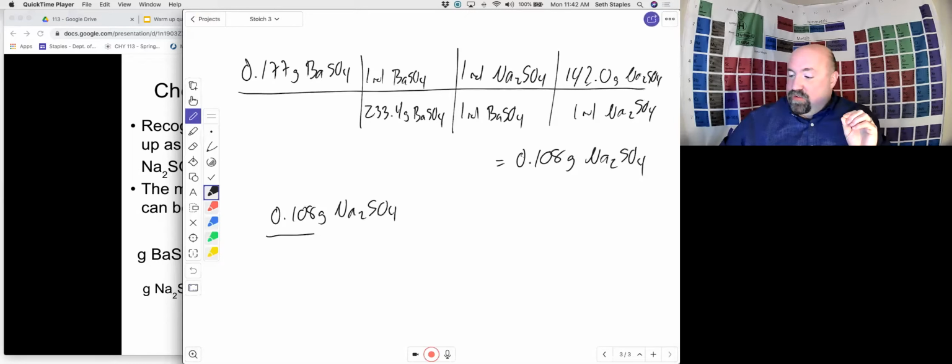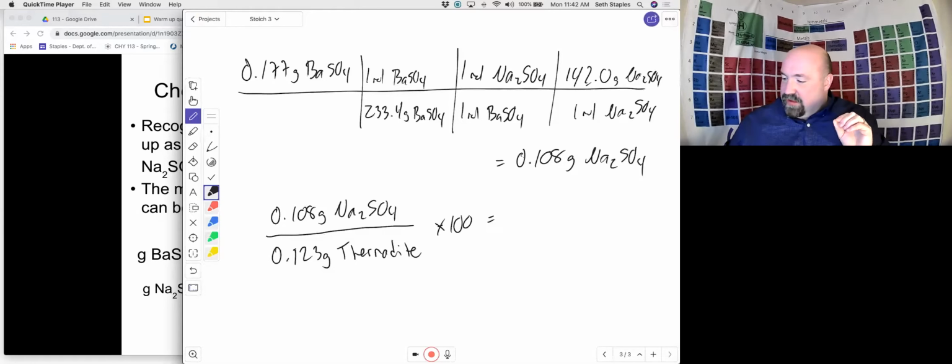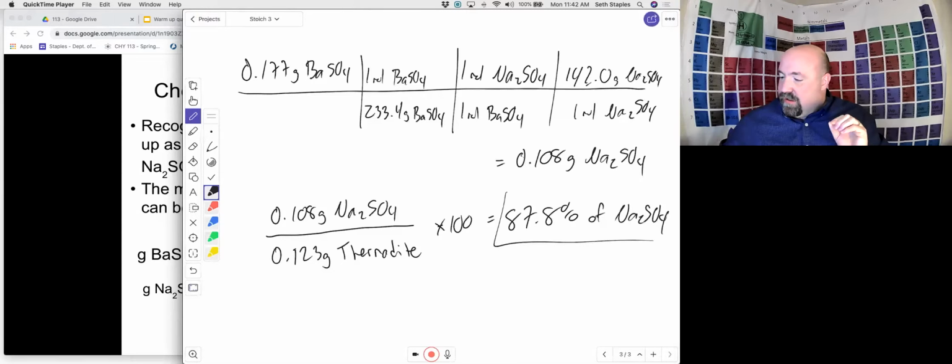So we take that 0.108 grams and divide it by the total mass of the mineral that we had to begin with, multiply by 100 to convert to a percent, and we see that the initial sample of thernodite contained 87.8% sodium sulfate.